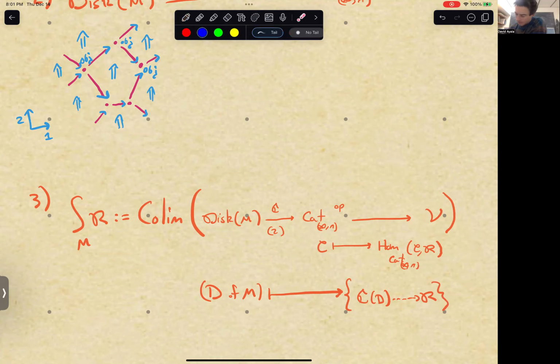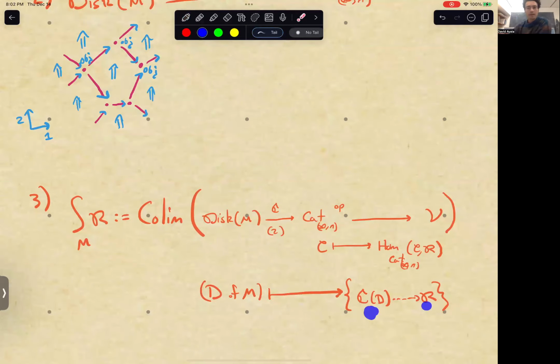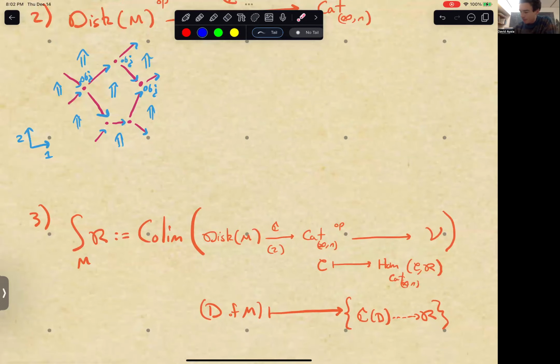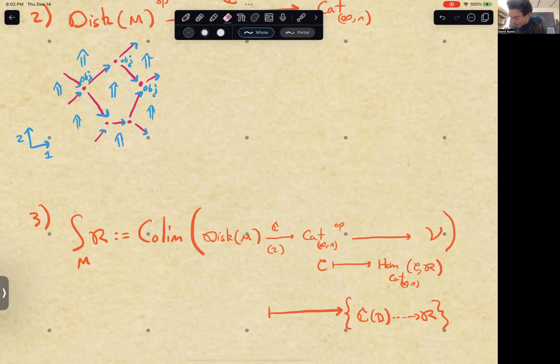Now, in thinking about what such a functor is, it's an assignment of the objects to the objects in R. I'm a little confused about this notation, the parenthesis D dot F M. What is that? That's notation I might have forgotten. Oh no, thank you. I said a disk stratification.